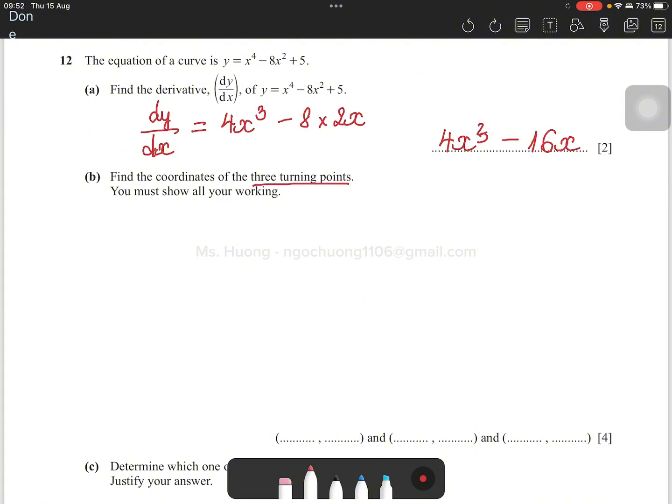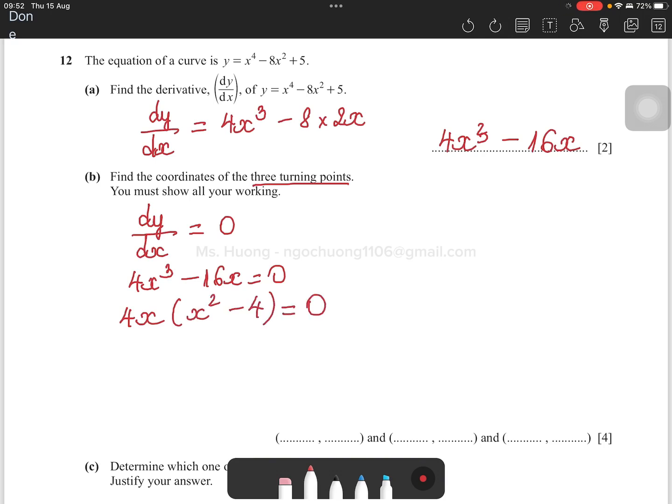Now we'll find the coordinates of the 3 turning points. To find the turning points, we'll let the derivative of the function be 0, which means 4x cubed minus 16x equals 0. We'll factorize this. 4x is a common factor and we have x squared minus 4 left.